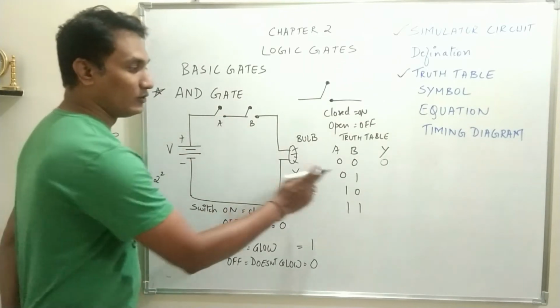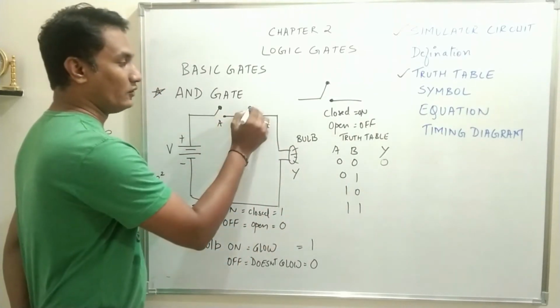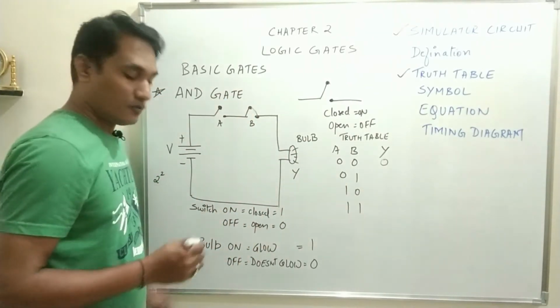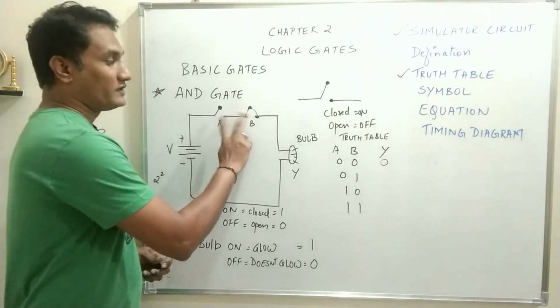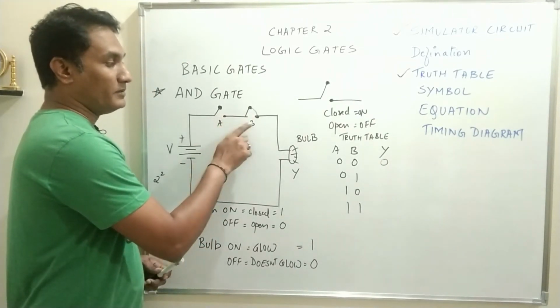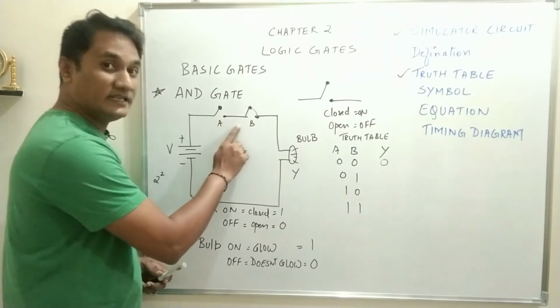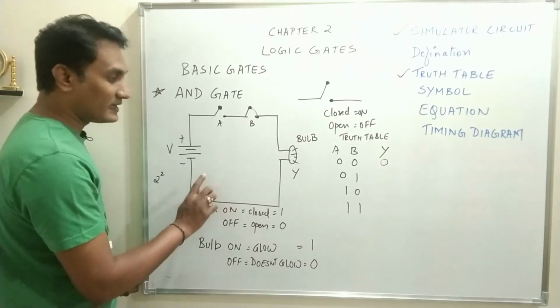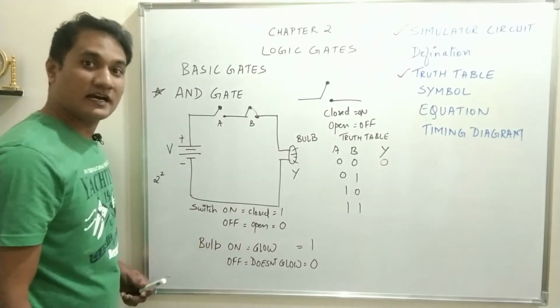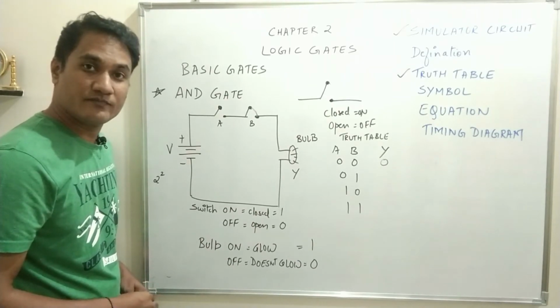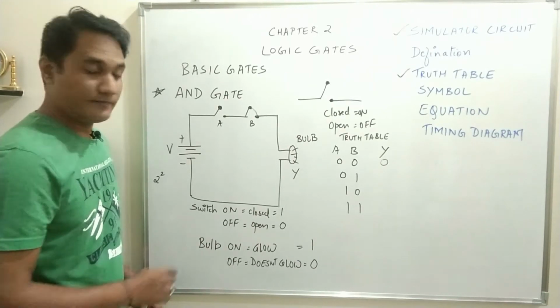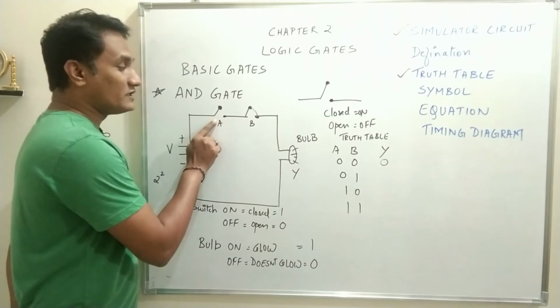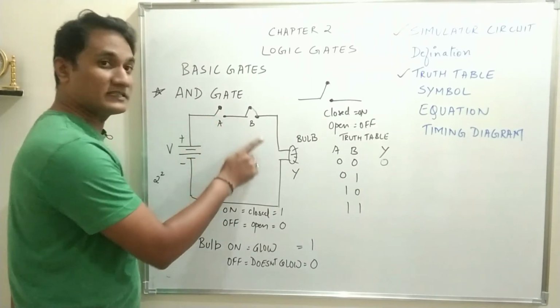Next, A is 0, B is 1. Now what happens is, out of these two switches, A is open, B is closed, but they are in series. Just look at the circuit and tell if there is any current which will be flowing in the circuit. Of course not. If any one of the switches is open, the circuit is broken.